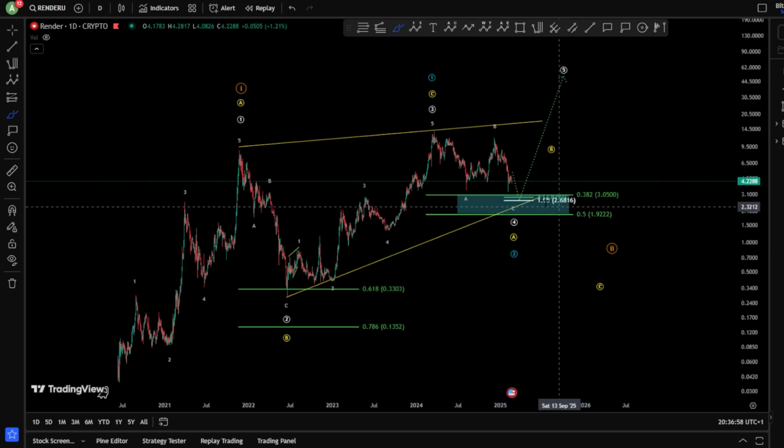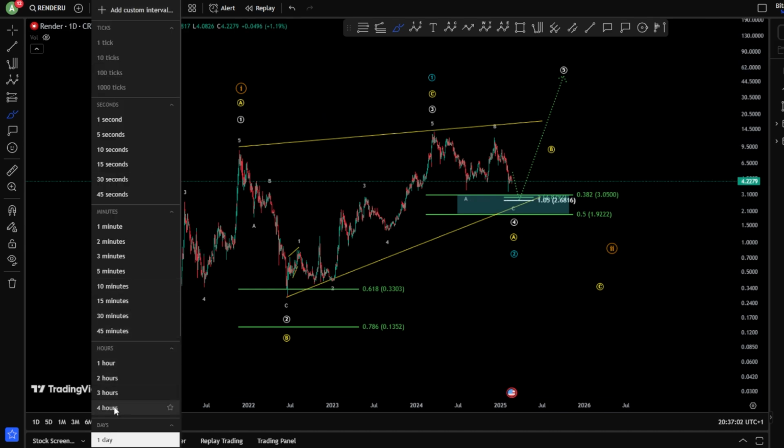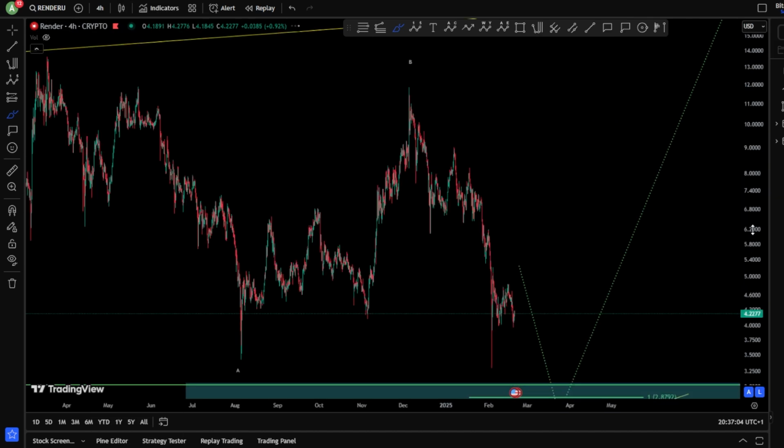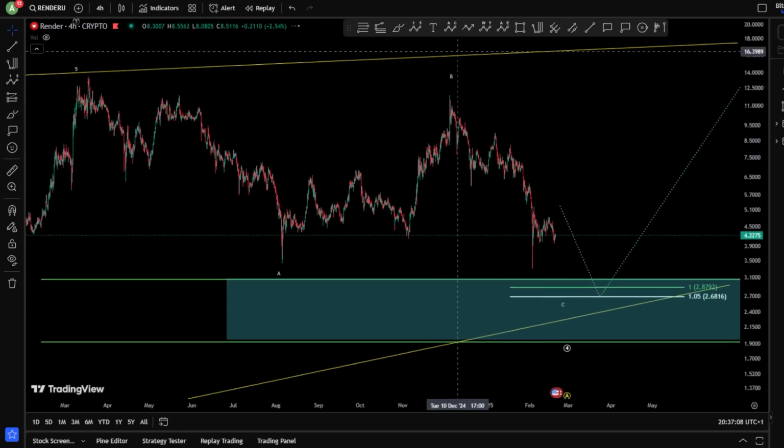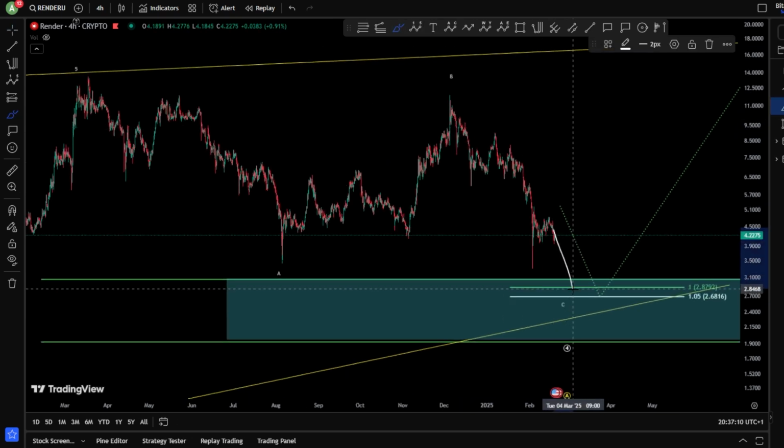Now let's move a little bit inside this zone to see what's going on inside it. On the 4-hour chart here, we can see that Render is still looking for one more wave toward the downside, or one more leg toward the downside.